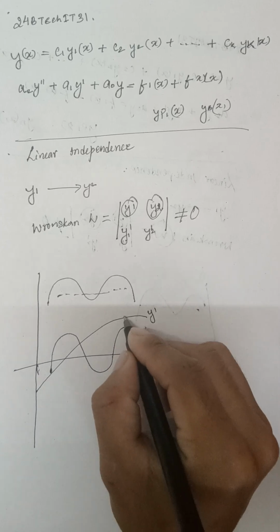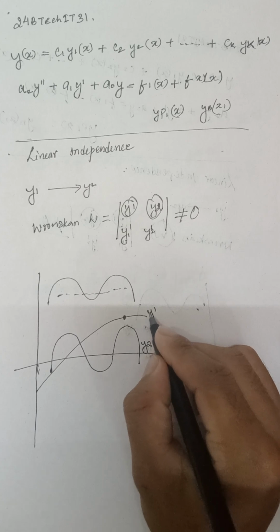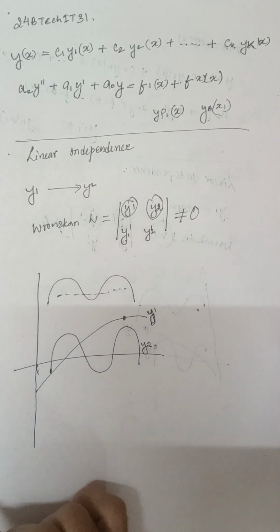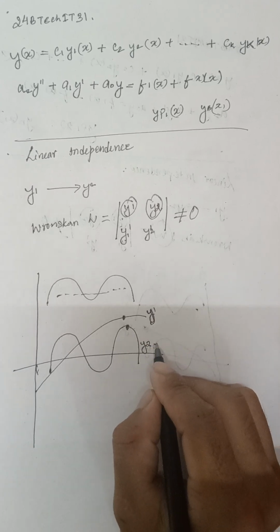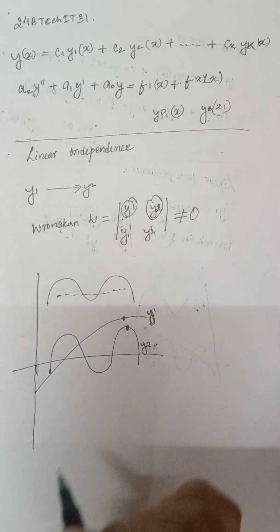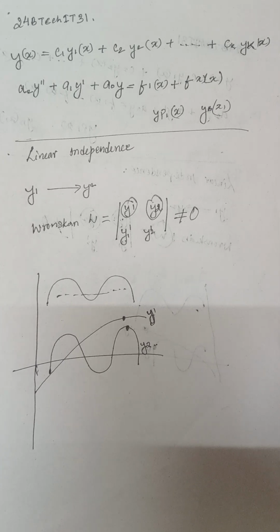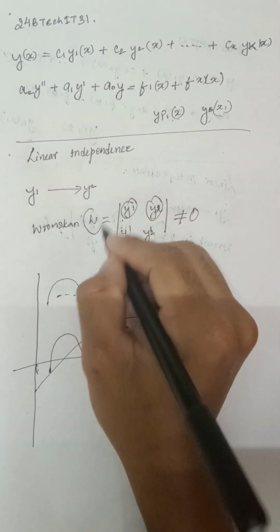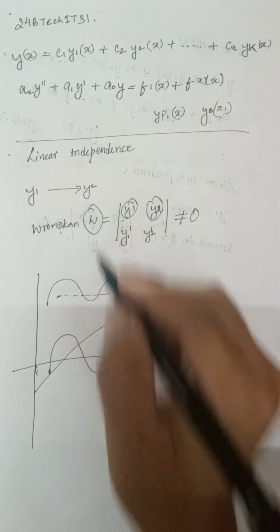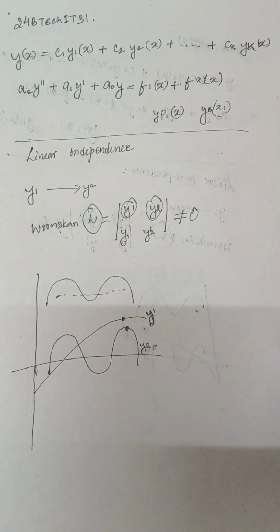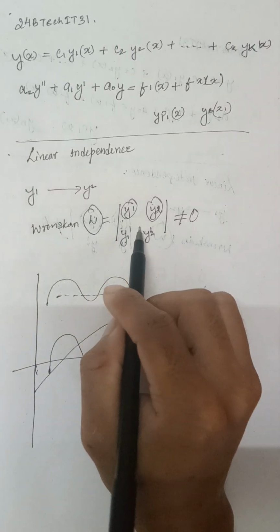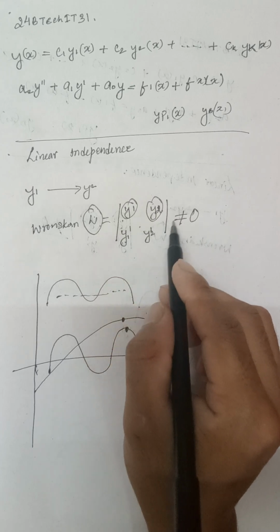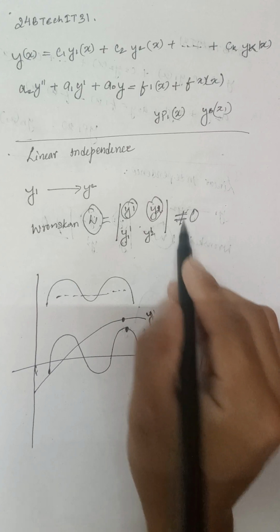For these two functions, y1 and y2, I could do the calculation of the Wronskian W. The answer will definitely not be equal to 0.